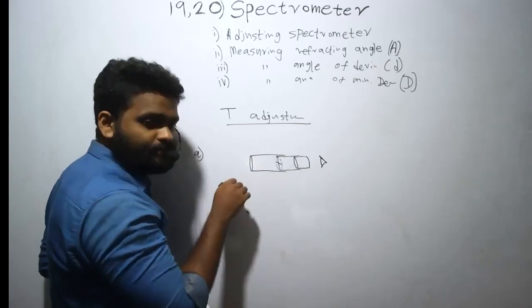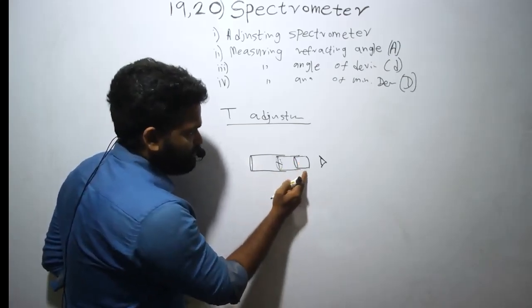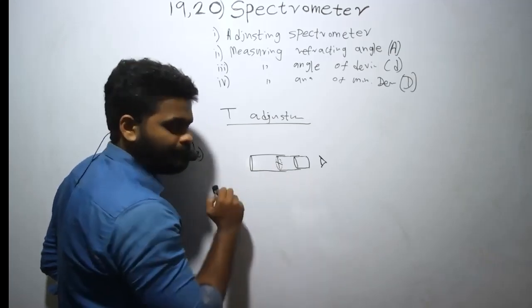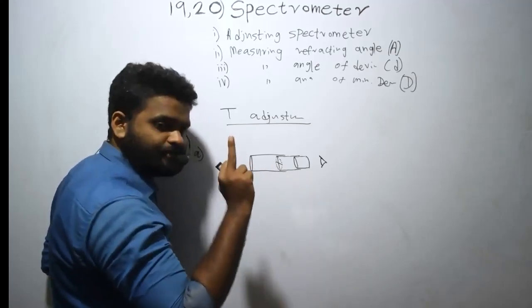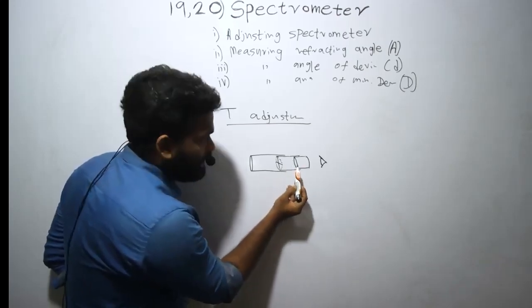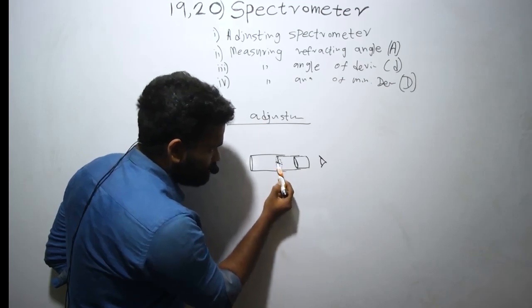The first sub adjustment is to adjust the distance between the eyepiece and the cross wires.